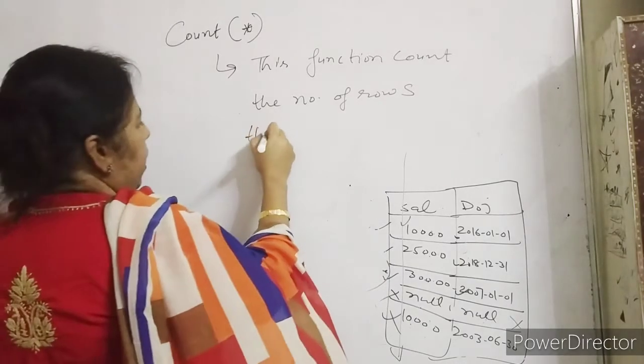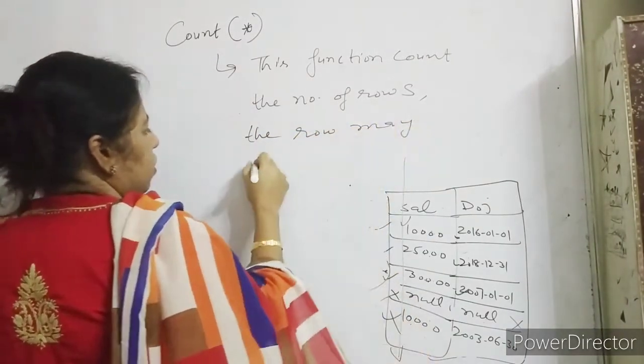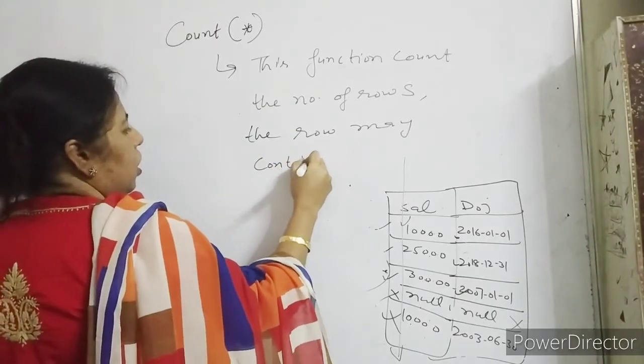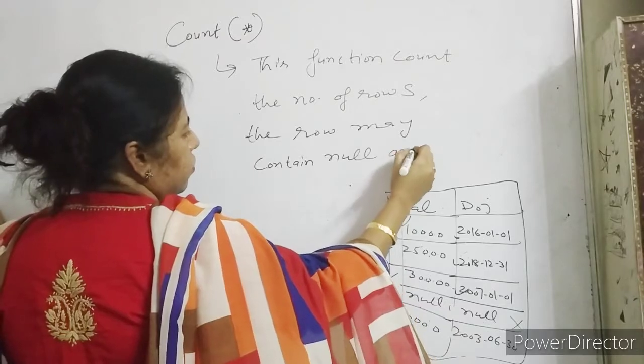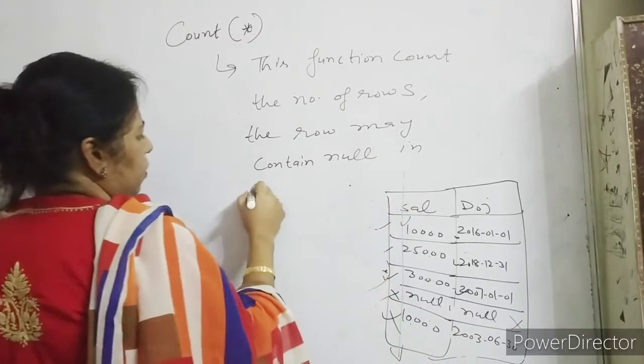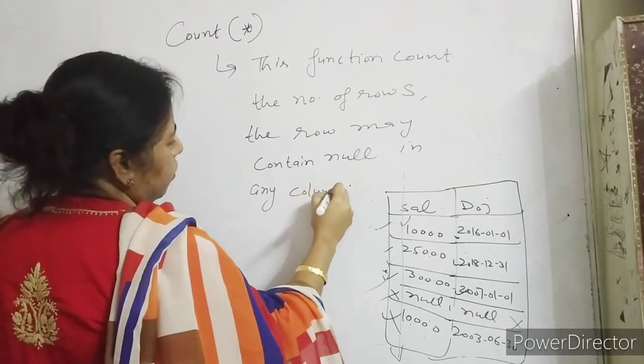The row may contain null anywhere, null in any column, we can say.